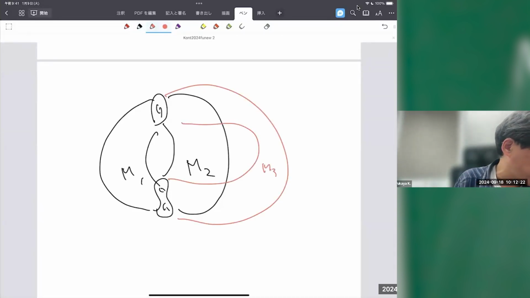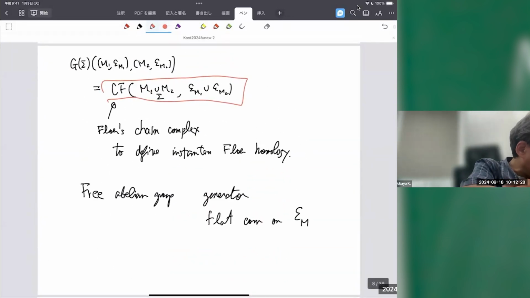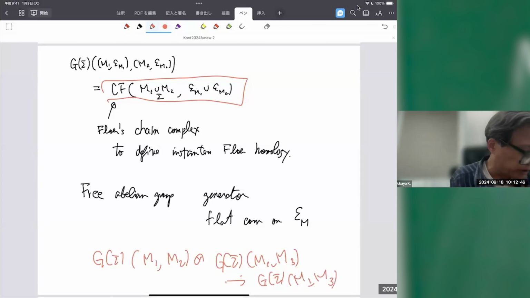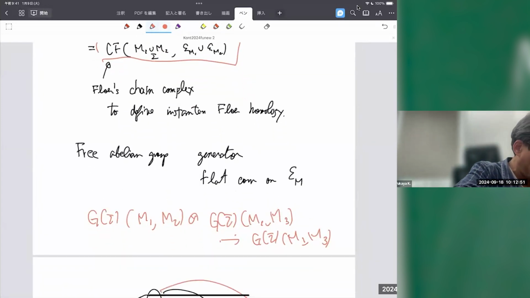This way is a bit complicated to write, so maybe I will write it later. What I need to know is that you have G sigma of M1, M2, and G sigma of M2, M3, and I want to compose them to get G sigma of M1, M3. This should be a chain map, so this should be a category.